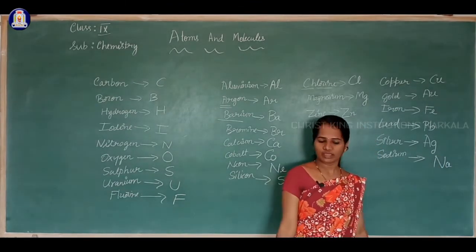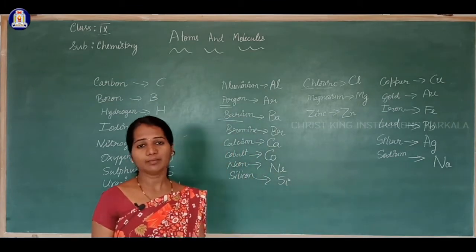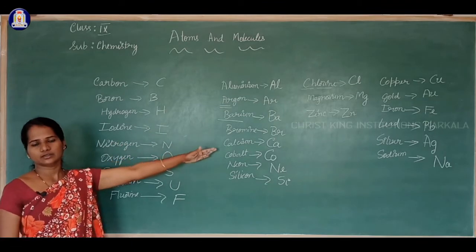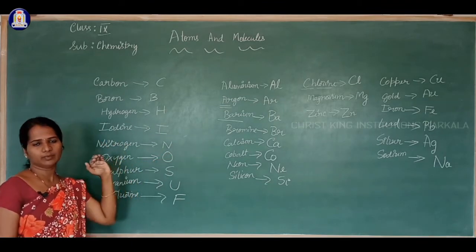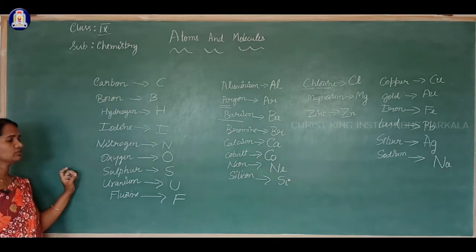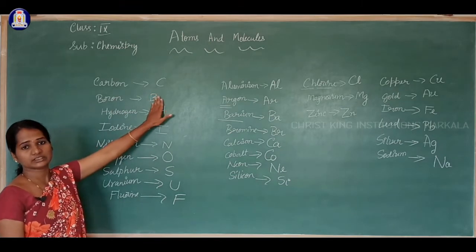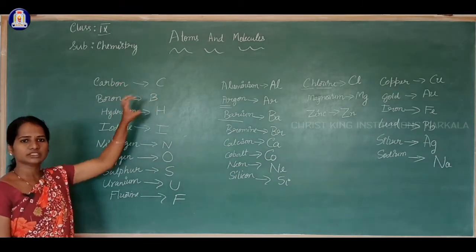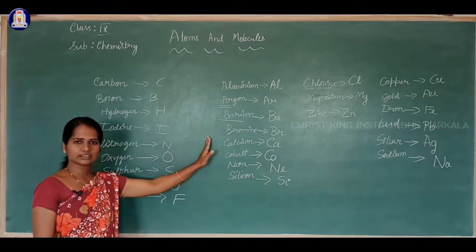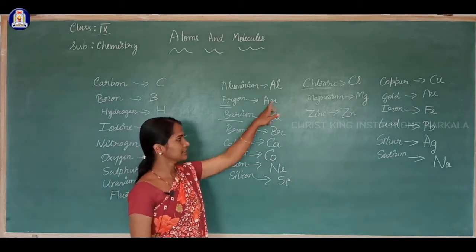So we use various ways to represent the elements. You have to remember the representation of these elements. This is the main thing for writing chemical reactions. In some cases we use the first letter of the English alphabet, written as a capital letter. In some cases we use the first letter along with a second letter written as a small letter.